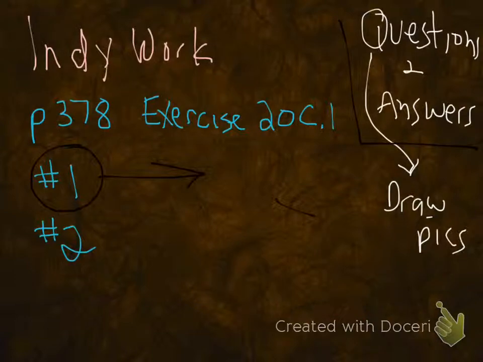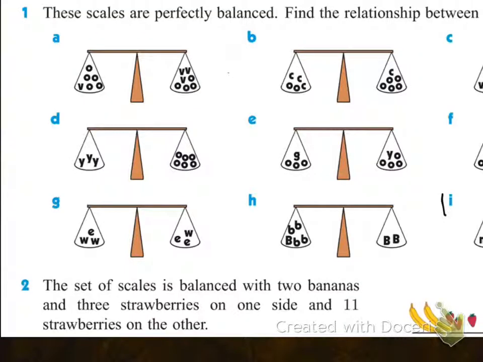In this case, the questions are actually pictures like this. So I would like you to draw the scales, or at the minimum, draw the shapes that are in the scales. Like this first one has some V's and some O's. Draw an equal sign or the balance between them, and start to see what is the relationship between the objects.